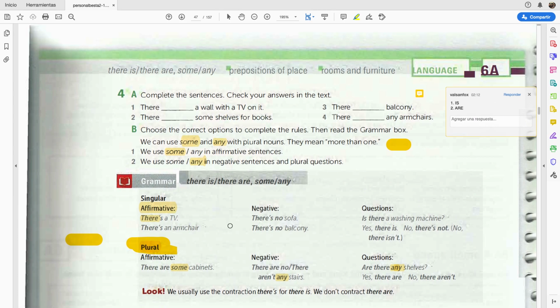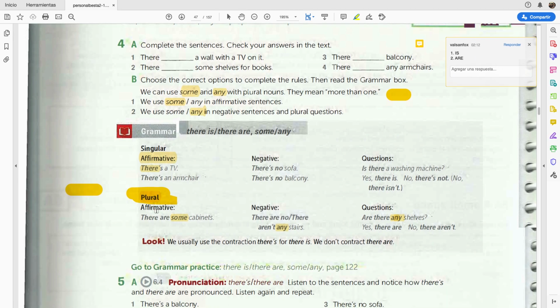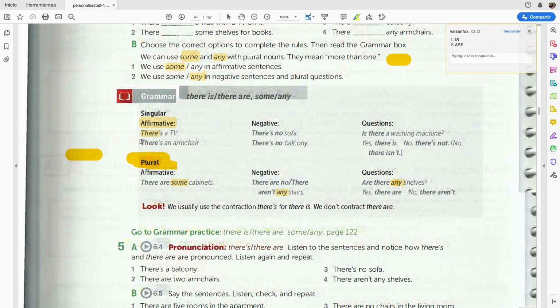Okay, remember one more time. If it is singular, you say there is, there's a TV, there's an armchair. If it is negative, you can say there is no, or there isn't. It's the same, yeah? You can say there is no sofa or there isn't a sofa.